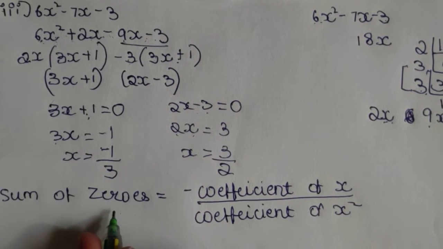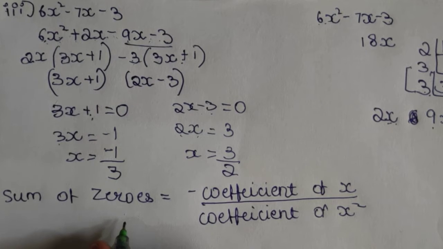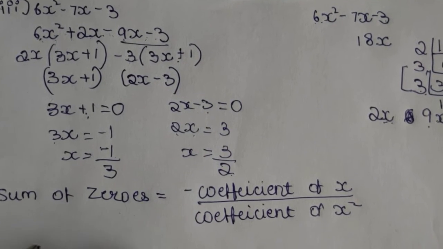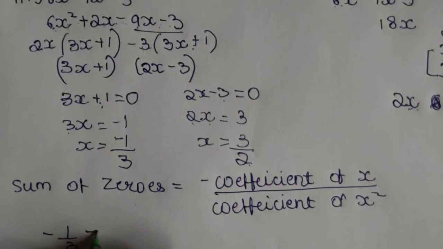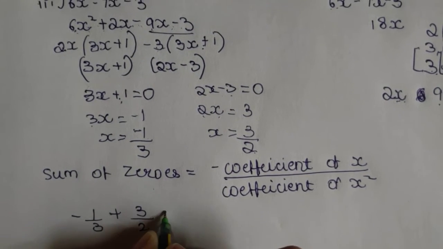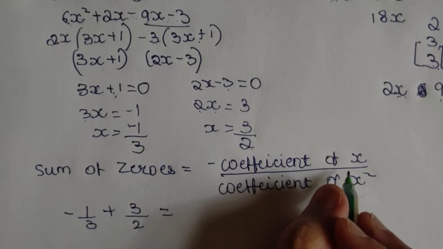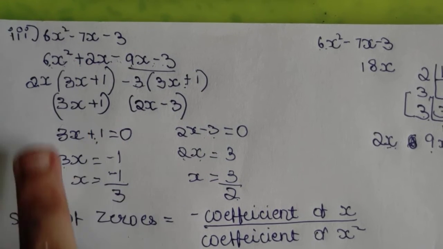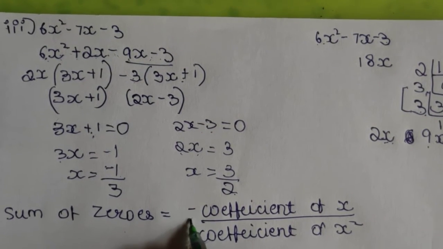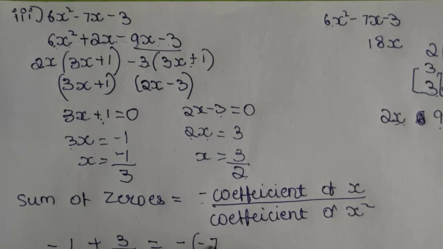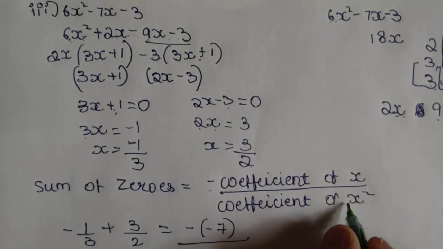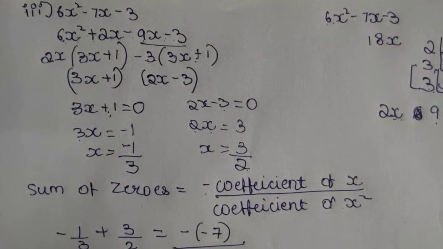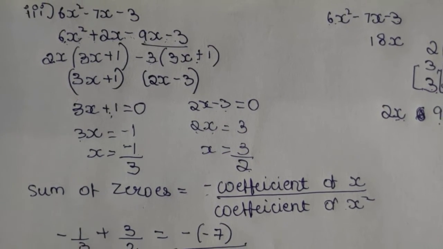Sum of zeros means we have to add the zeros. Here the zeros are minus 1 by 3 and 3 by 2. So minus 1 by 3 plus 3 by 2 is equal to minus coefficient of x by coefficient of x square. The coefficient of x is minus 7, and here minus is there, so that becomes minus minus 7 by coefficient of x square. Coefficient of x square is 6, so by 6.